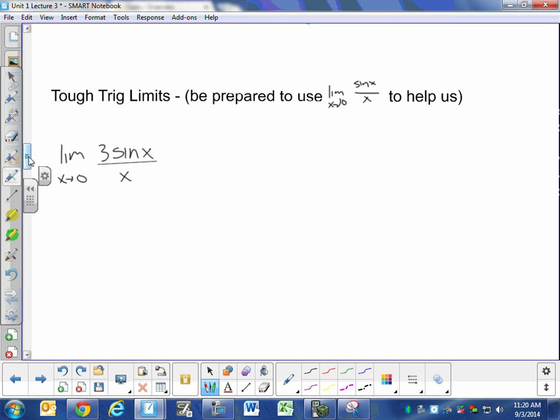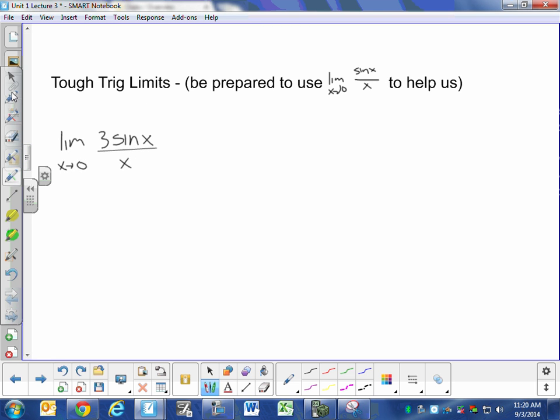Tough trig limits. The key to tough trig limits is to remember this guy: the limit as x approaches 0 of sine x over x is equal to 1. This is kind of going to be our helper. What do I mean by that being our helper?